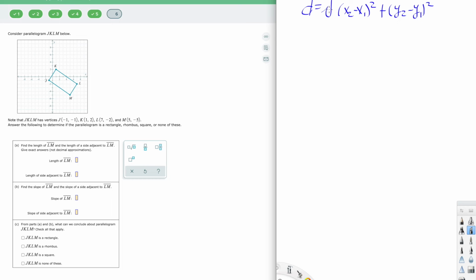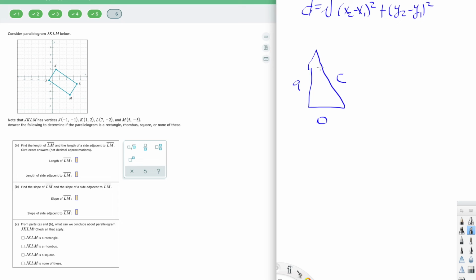This actually comes directly from the Pythagorean theorem, where we have a squared plus b squared equals c squared. If I draw down and over, so this right angle here, I would have a, b, and c. C is actually the length of JM. I know I didn't draw the diagonal perfectly, but it's just the picture.